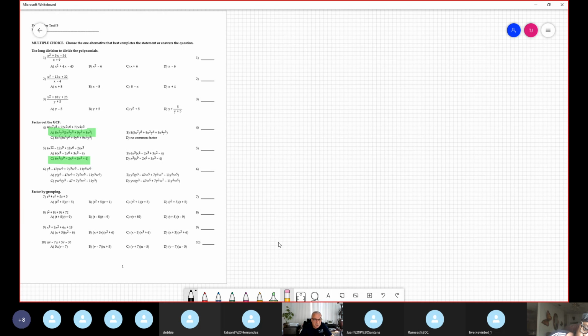Let me see number 6, example number 6: y to the 4th power minus 47 y cubed w to the 6th plus 7 y squared w to the a minus 11 y cubed w to the 6th.